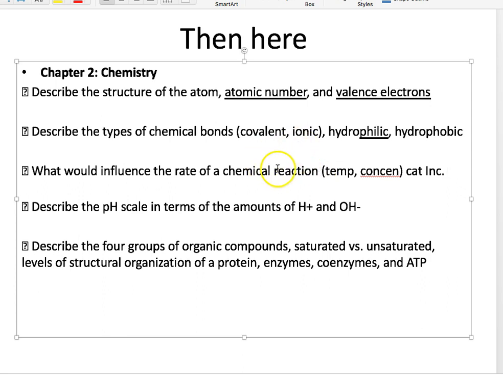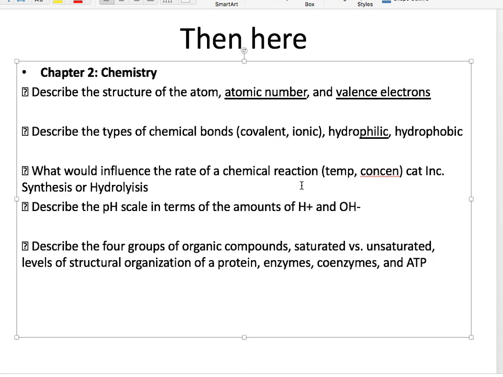Each of these things changes the chemical reaction, and the types of chemical reactions are anabolic, or we're going to change the vocabulary: synthesis, S-Y-N, or hydrolysis. So understand that for hydrolysis to occur, we have to have water available. For synthesis to occur, we actually make water.